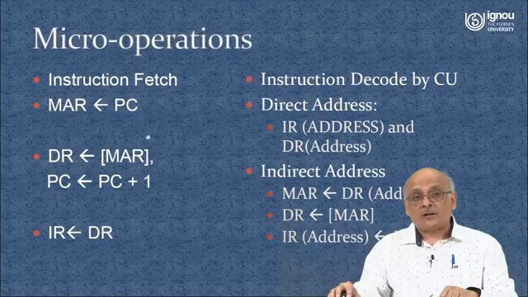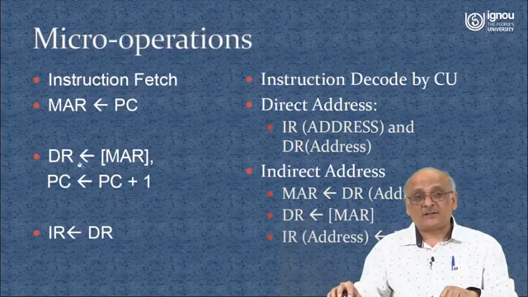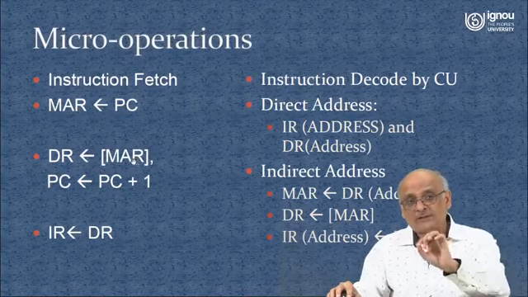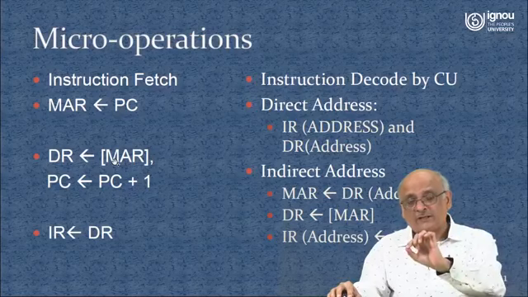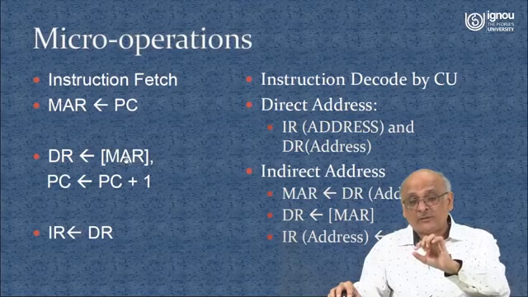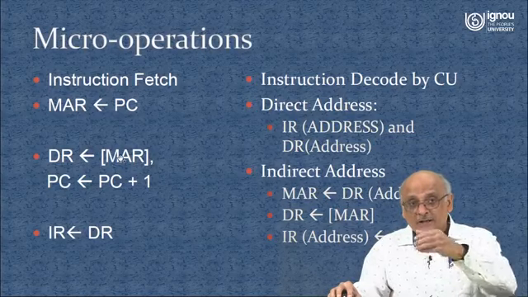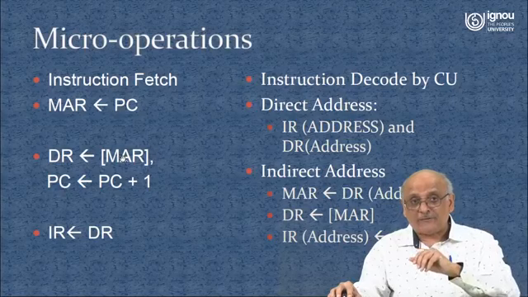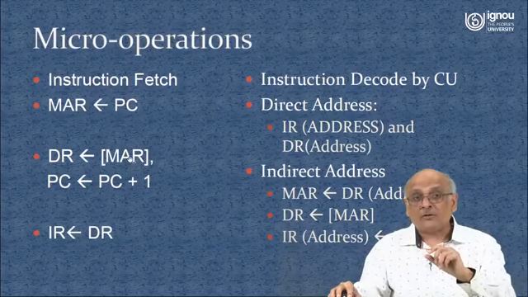Then the control unit will be asked for the next sequence, whatever location is addressed by the MAR register. That means the address register will put this information onto the bus, and the address unit of memory will latch on, taking that information from the address bus. Who will control that?